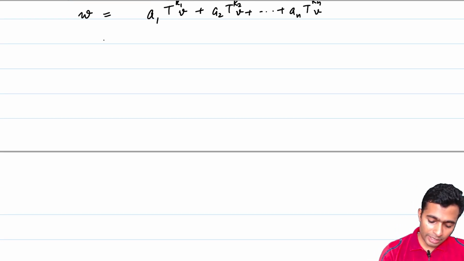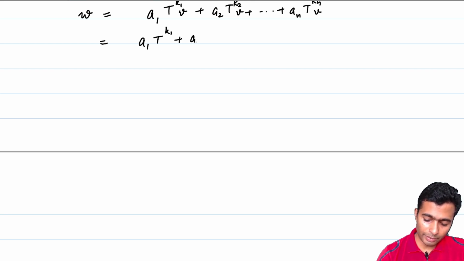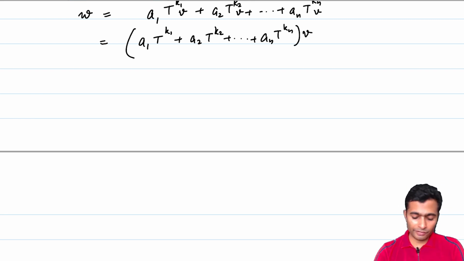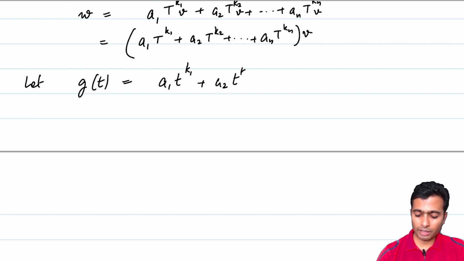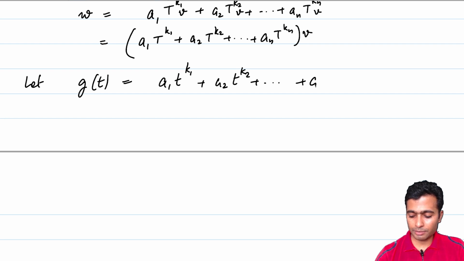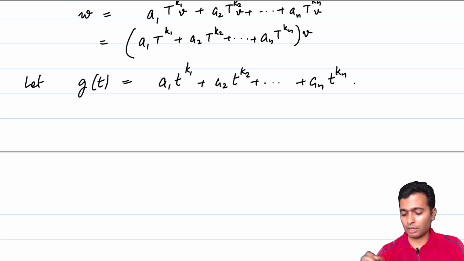But this is the same as (a1 T^k1 plus a2 T^k2 plus an T^kn) acting on v. So let's define g of T to be equal to a1 times T to the power k1 plus a2 times T to the power k2 plus an times T to the power kn.